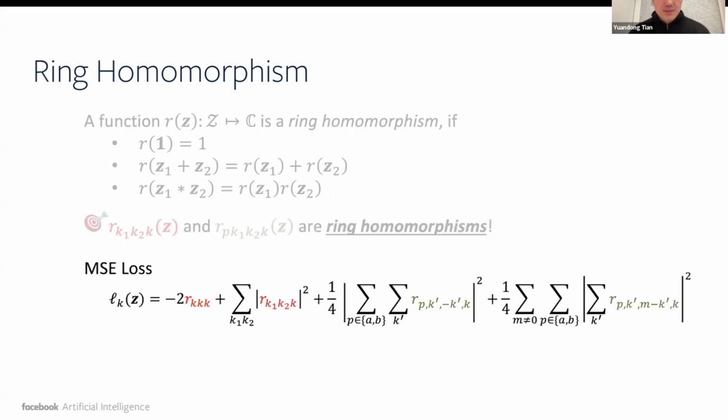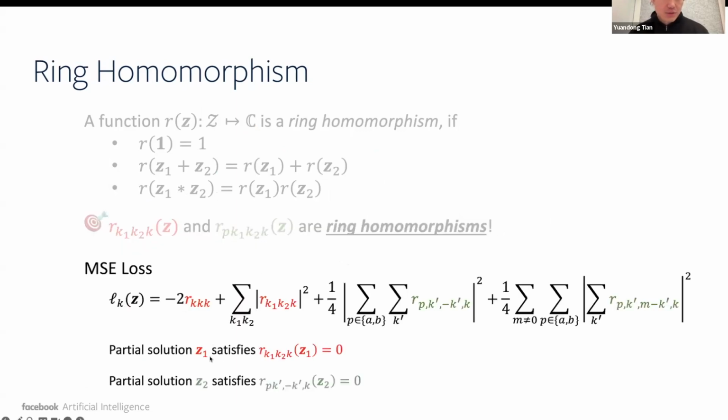What that means is that you can start with partial solutions that only satisfy one or two constraints. So here, you have a partial solution Z1 that satisfies the first constraint being 0. You can also construct another partial solution Z2 that satisfies another term being 0. Then, because of the property of the ring homomorphism, you can multiply these two solutions together with the ring multiplication. Then you get a solution Z, and it satisfies both of the constraints simultaneously.